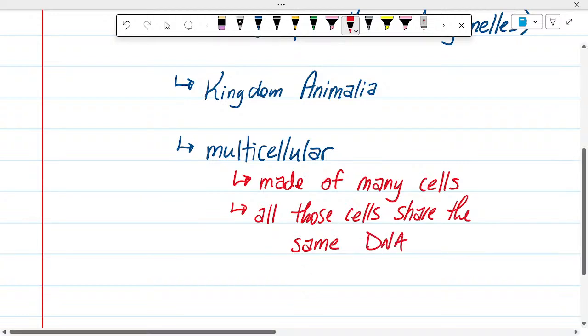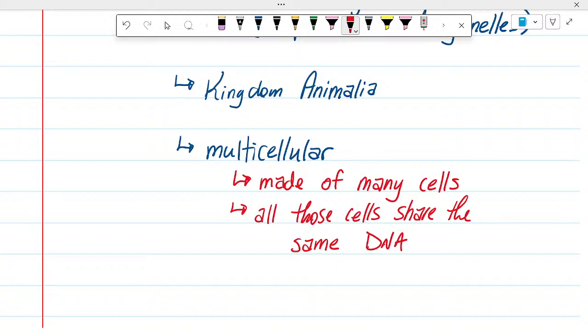But that is also true of a colony of bacteria, at least until mutations start to happen. And yet, despite that, we don't say that a bacterial colony is multicellular. So what's the difference? Why are we multicellular and we consider ourselves a single organism, but a bacterial colony we think of as just a group of bacteria?